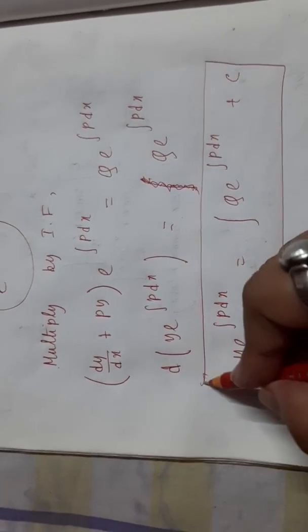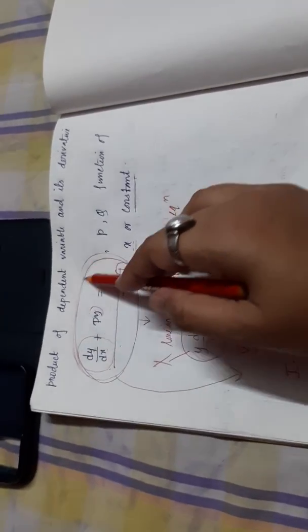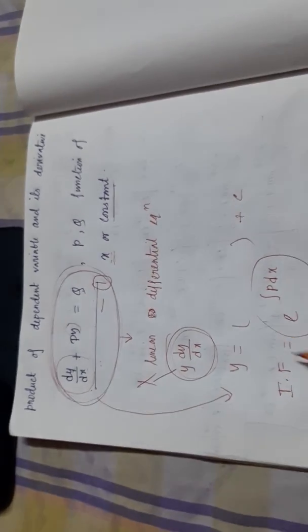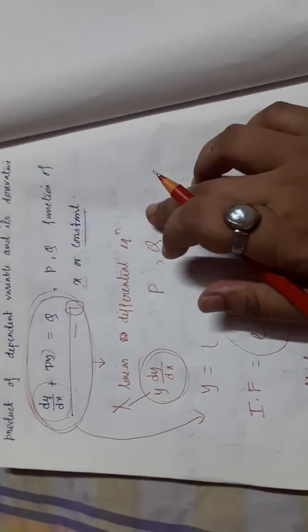And for solving this type of differential equation, first we compare the differential equation with this form, and then we write the values of p and q.